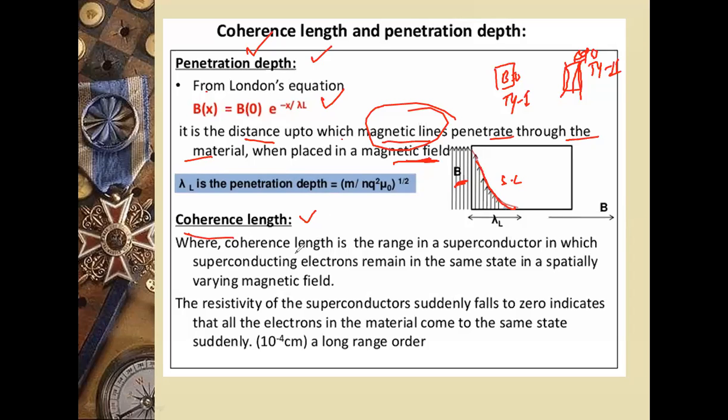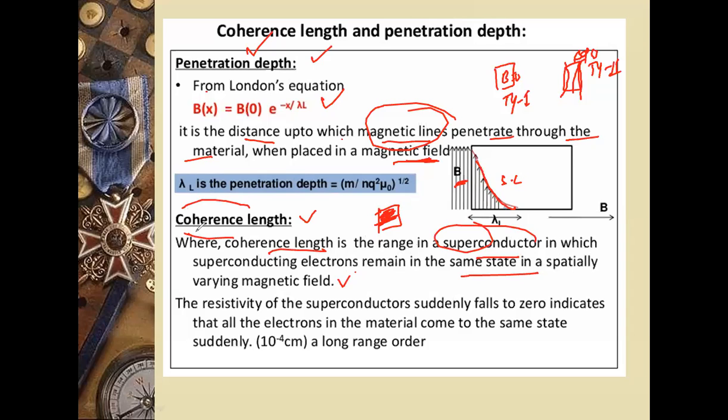Coherence length is the range in the superconductor in which superconducting electrons remain in the same state, spatially varying the magnetic field. Up to a certain length, it indicates the complete length of the superconducting state.